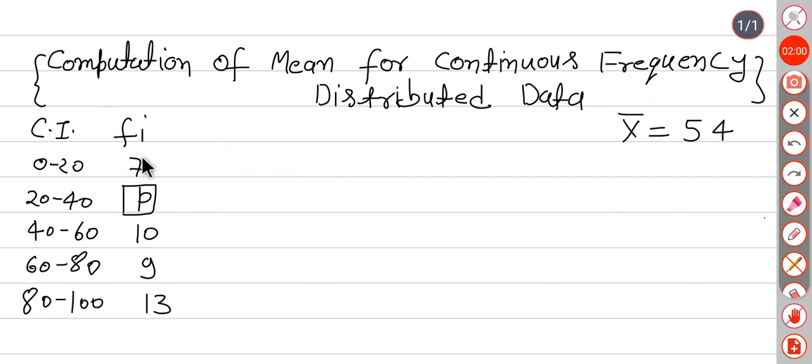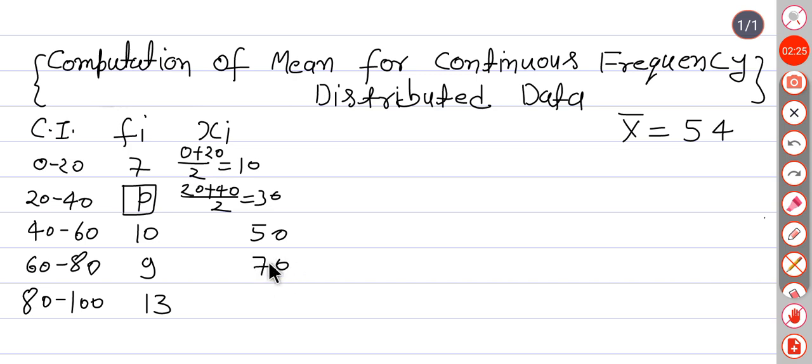First of all you will find xi, that is lower limit plus upper limit upon 2, and that is 10. The same way 20 plus 40 upon 2 is 30, and the others I am writing: 50, 70 and 90.